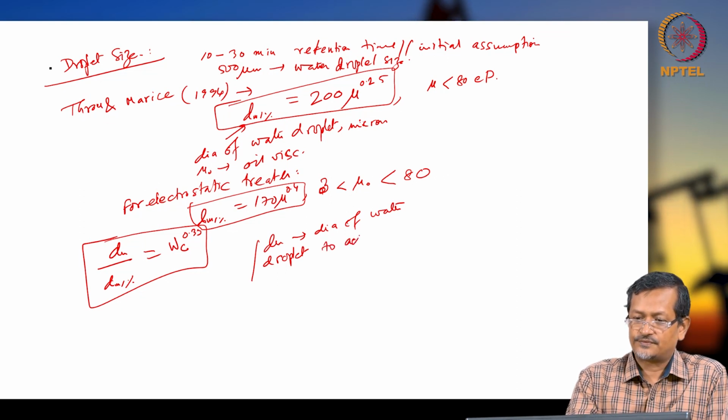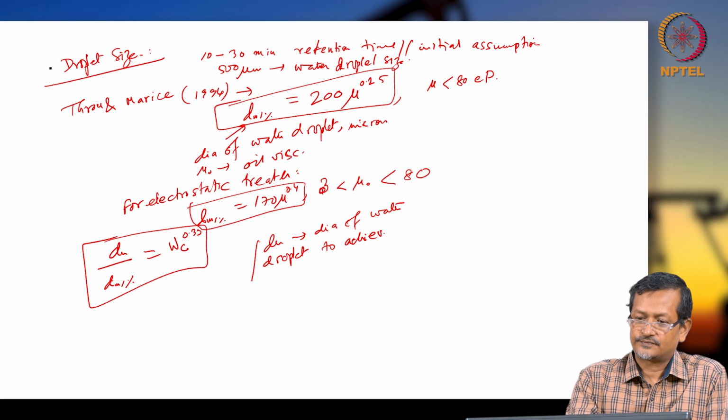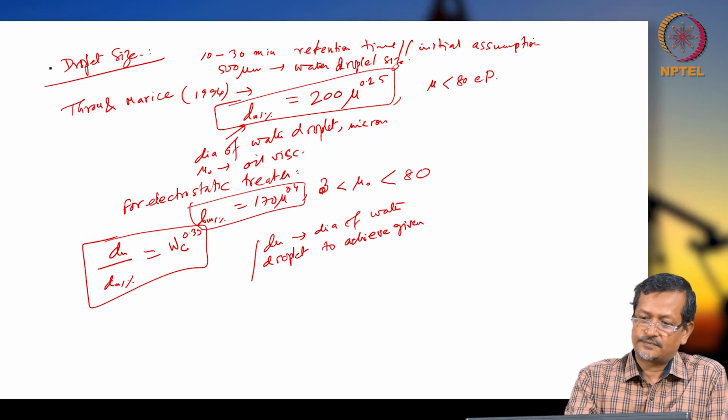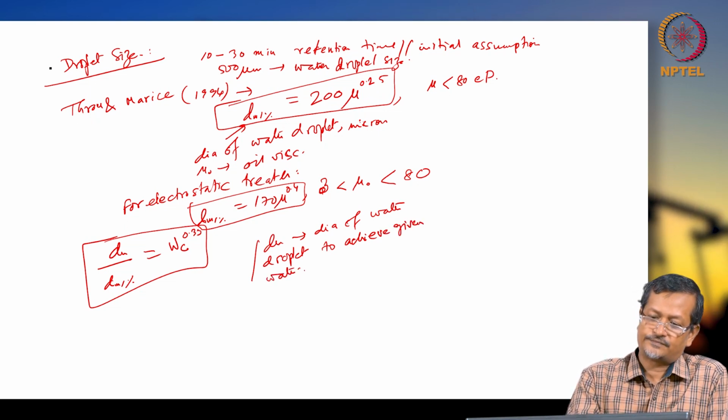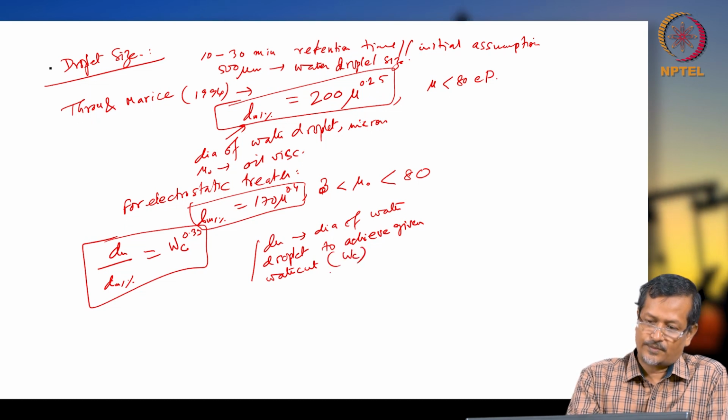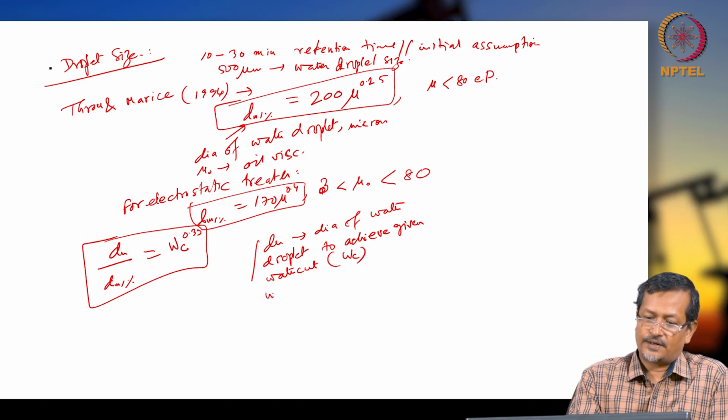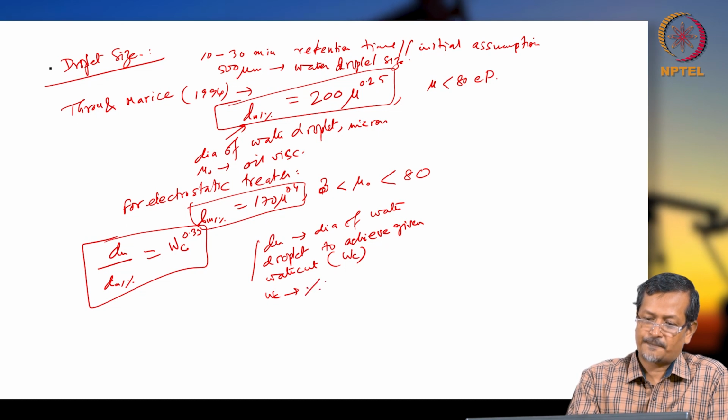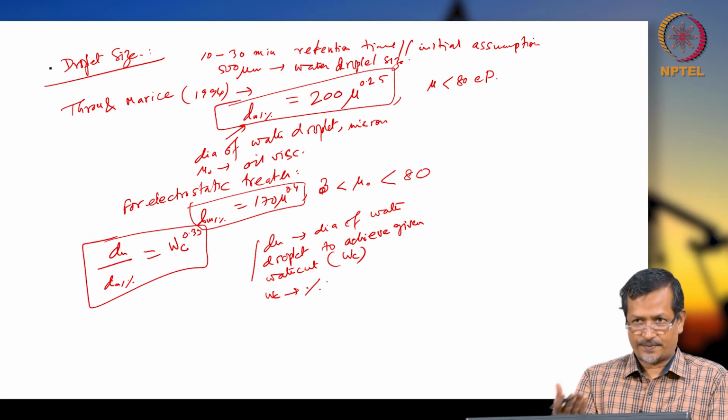to achieve a given water cut, or WC. WC is a percentage, like 1%, 2%, something.